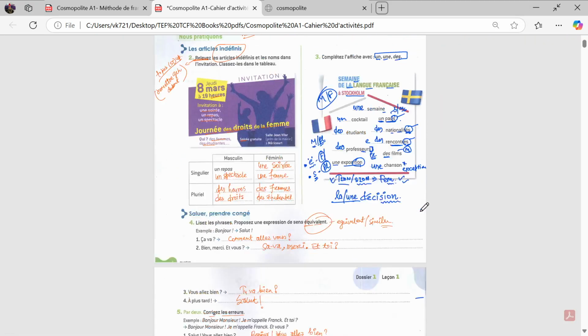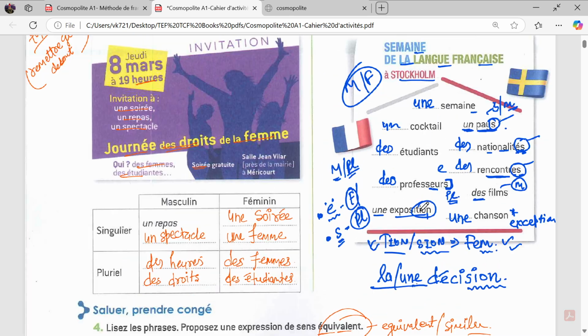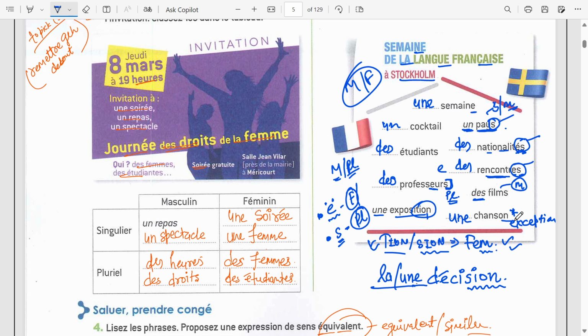But what is happening here is that chanson belongs to one of the exceptions. Consonant, but still feminine. Une chanson means one song. Chanson, song. So if you want to say une chanson française, it would be a French song.